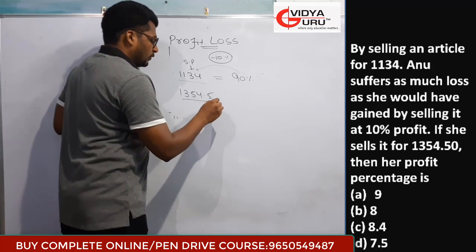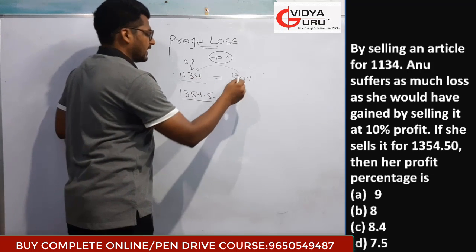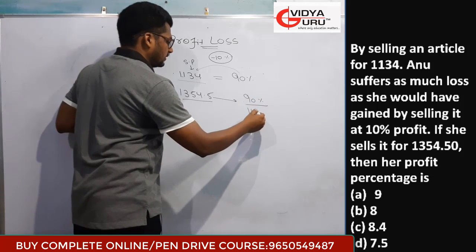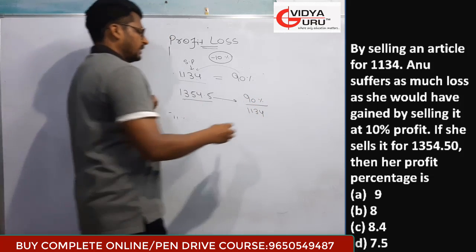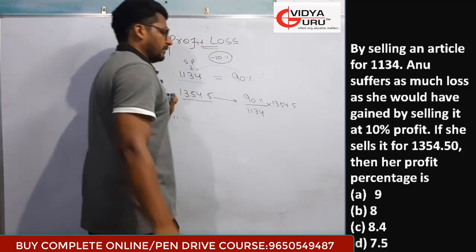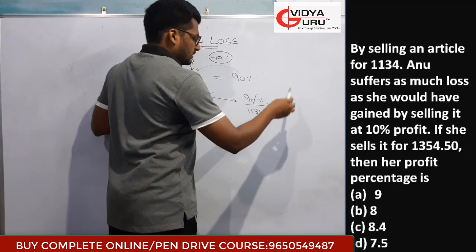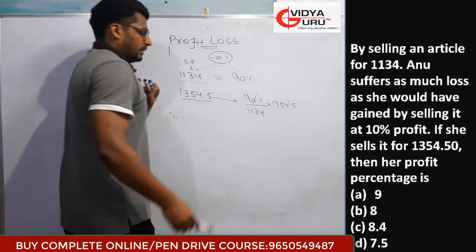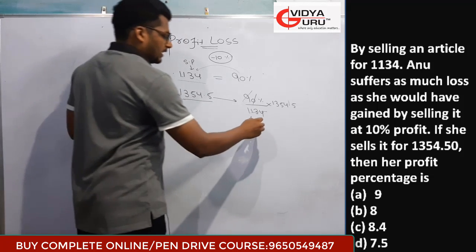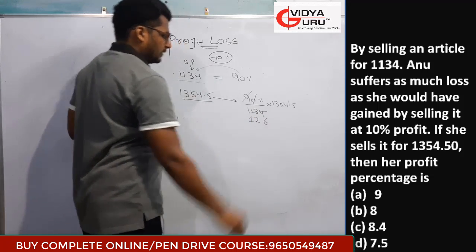Then for 1354.5, 1134 is 90%, what will 1 be equal to? 90% by 1134, and what will be equal to 1354.5? From this 0 I can cancel out this point. 9 1s are 9, 10, 11, 9 2s are 18 and 9 6s are 54.